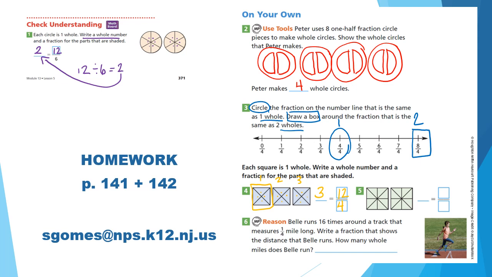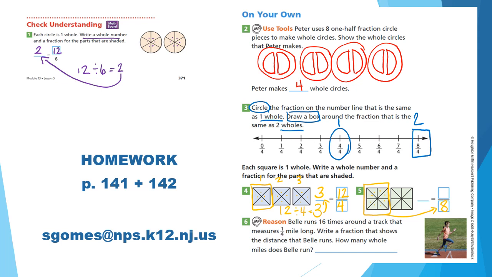And again, I can see that connection with division if I divide the numerator by the denominator, and it gives me my whole. Okay, let's see if it works on number 5. Number 5, we have 1, 2, 3, 4, 5, 6, 7, 8 parts in 1 whole. Remember, we're focusing on that 1 whole to find our denominator.